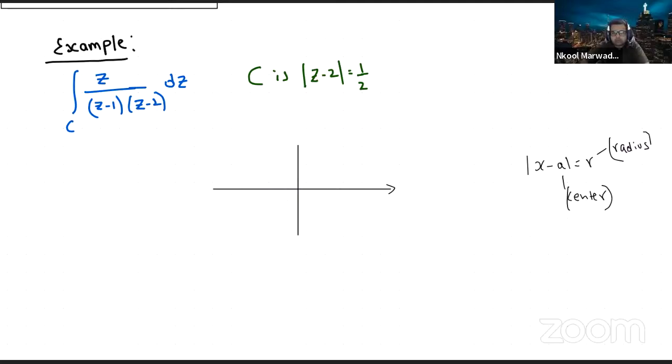So I am drawing the complex plane wherein I have the real axis and the imaginary axis. And let me draw some points. Now 2 is the center, and radius is 1/2, half.